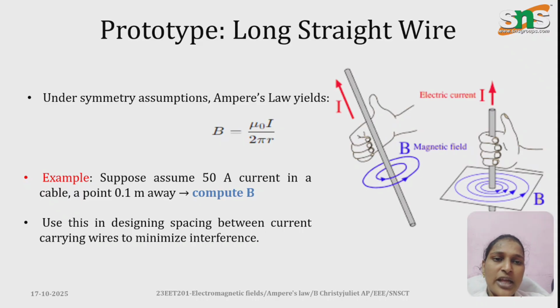Therefore, by substituting all these values in the equation, we can easily estimate the amount of flux density that is being produced by the current around the conductor. So using this in designing spacing between current carrying wires, we can find the interference of these EMFs, thereby we can minimize it.